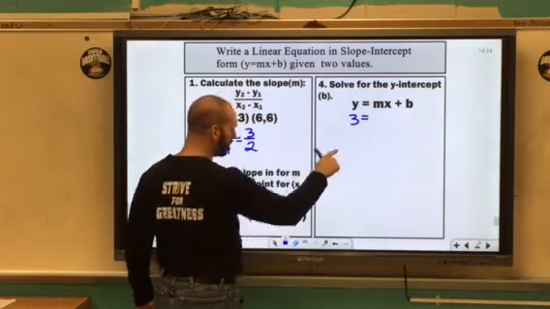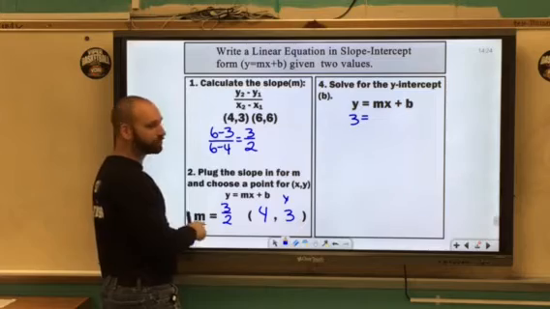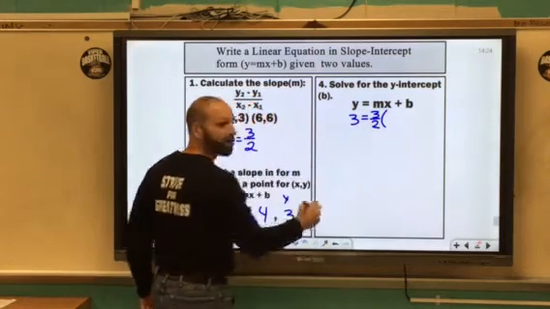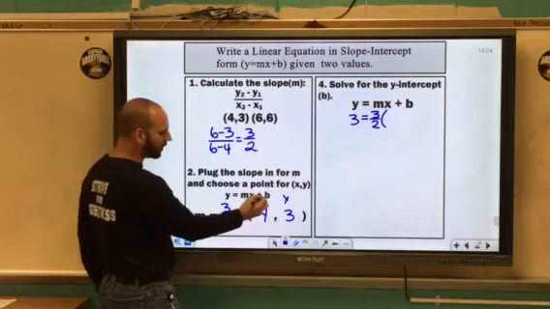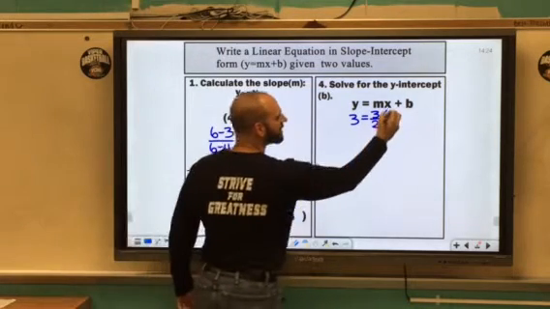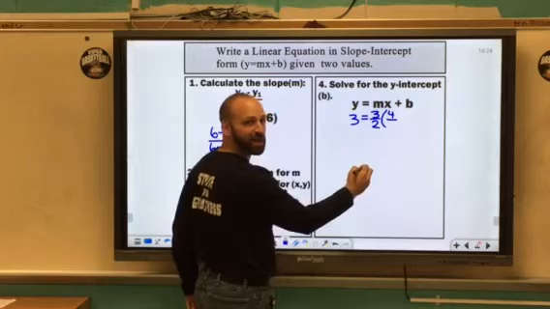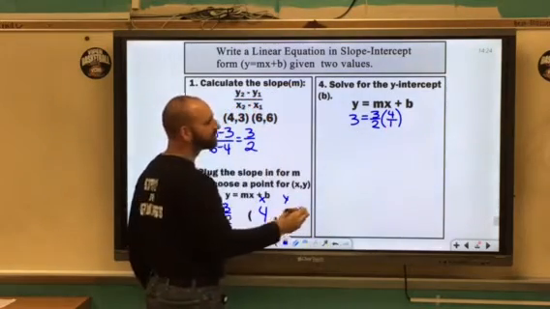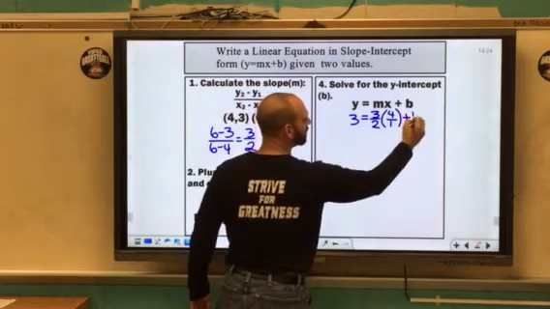And instead of m, we're going to plug in our slope. And for x, we're going to plug in 4. And just like Mr. Lohmann did, I'm going to place that over 1 so you can see how we multiply fractions. And then we've got plus b.